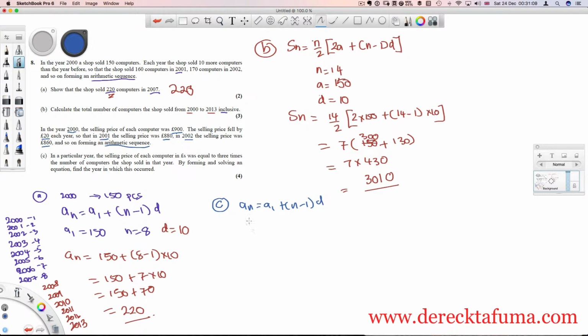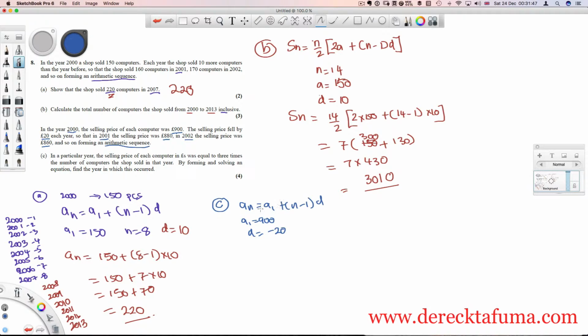Now, what is A1 for this one? It was falling from 900, so A1 equals 900. And what is n for this one? We don't know what n is. And what is D? D is minus 20. It's a minus because it's going down by 20. In a particular year, the selling price of each computer in pounds was equal to 3 times the number of computers.